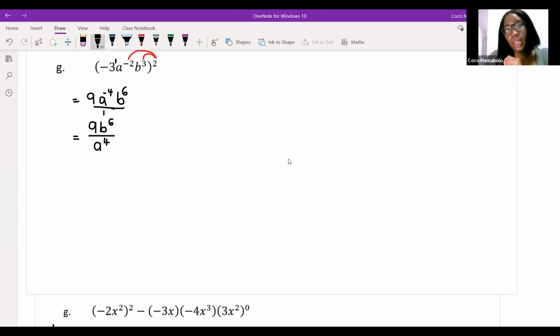Yes, ma'am. If I have a number like 2 sitting by itself, it has an exponent of 1, right? Yes, ma'am. If I take minus 3 to the power of 1, because we're multiplying the exponents by 2, I'm going to go 2 multiplied by the 1 for minus 3. So I'm going to end up with minus 3 to the power of 1 times 2, which will give me 2. 1 times 2 will give you 2. Good.